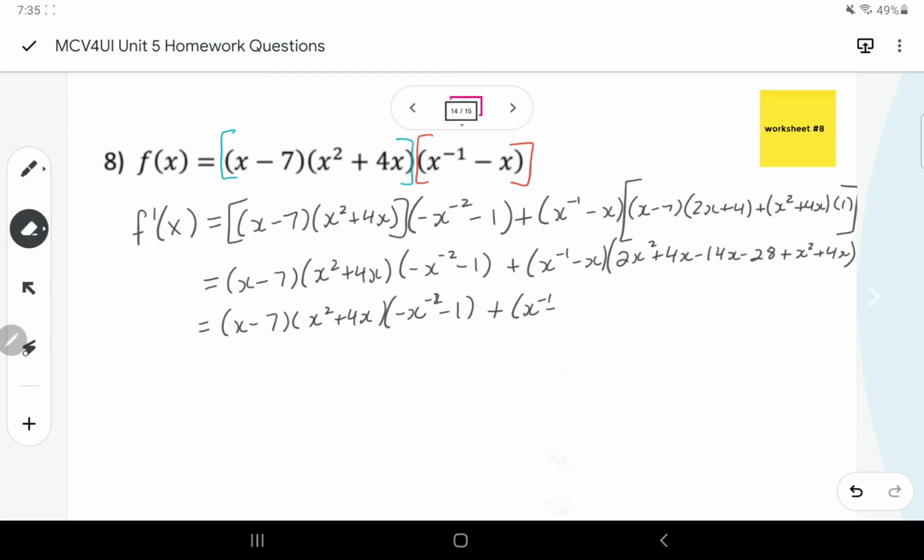So again, keeping this all pretty consistent. And here we've got 3x squared, just trying to see. And then plus 8, so minus 6x minus 28.